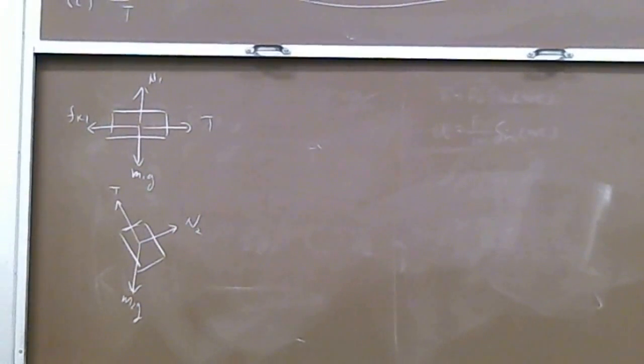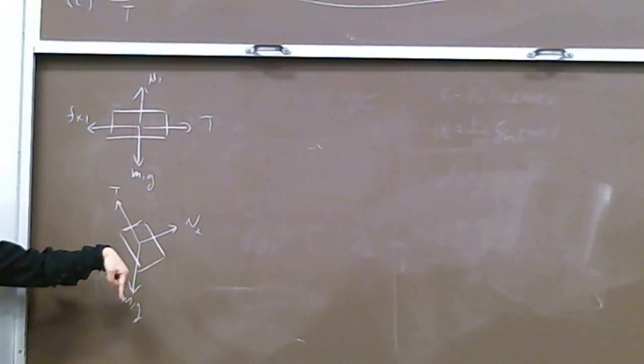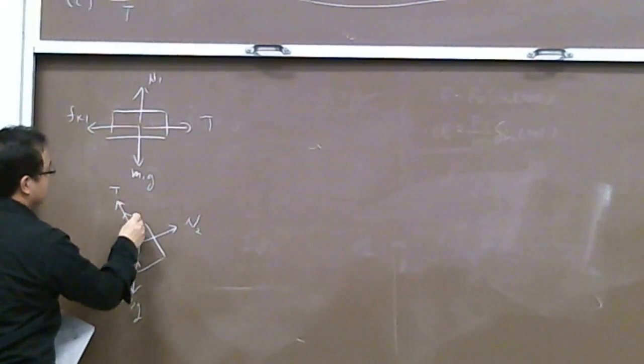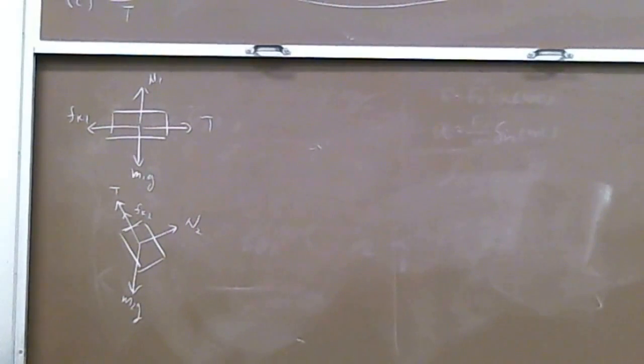What is the direction of the frictional force for this one? This way or this way? That's one of the common mistakes. FK2 is along this direction, not this direction.